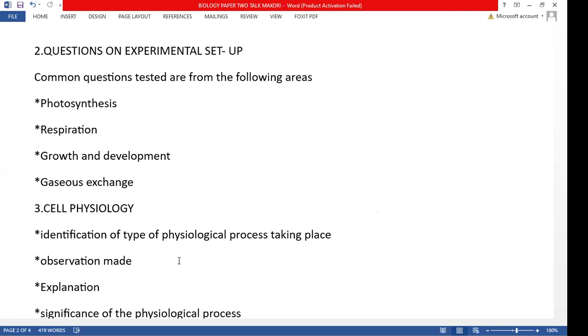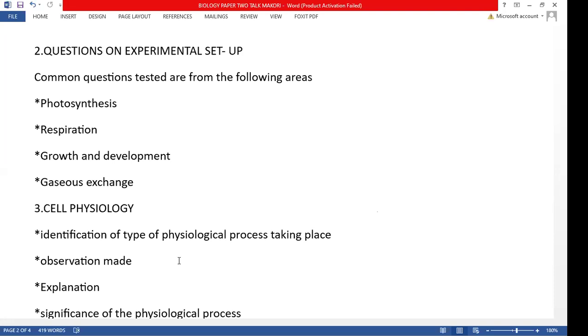Like now, you put starch with the diastase enzyme, then you immerse them in a solution containing Benedict solution in a beaker that is immersed in a water bath.